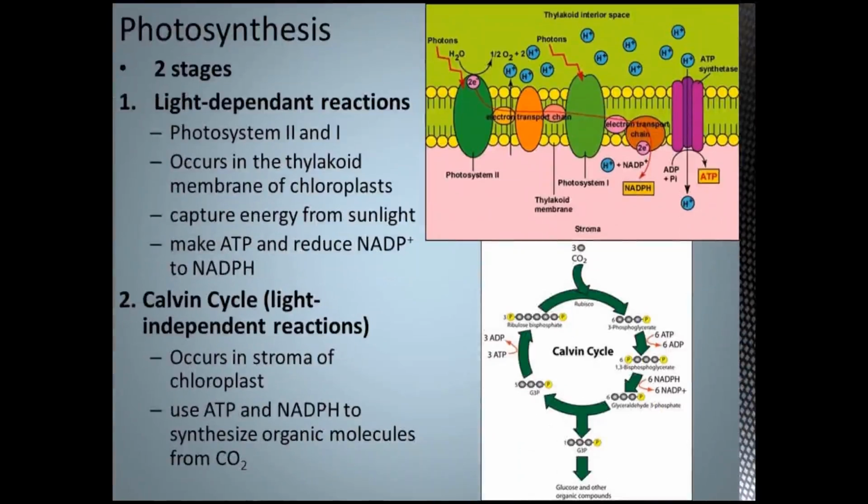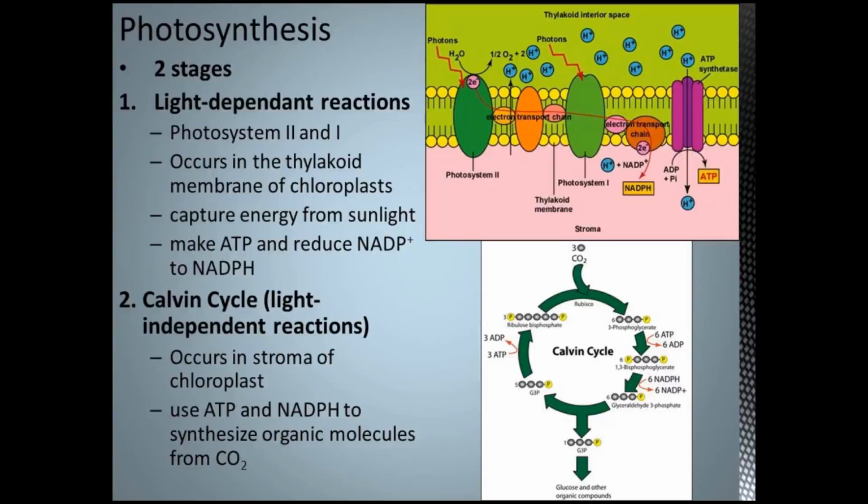Okay, we have to study next the role of sunlight in photosynthesis. During photosynthesis, sunlight is very important. The entire process of photosynthesis takes place inside the chloroplast.